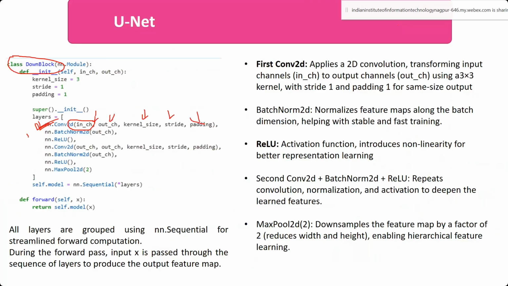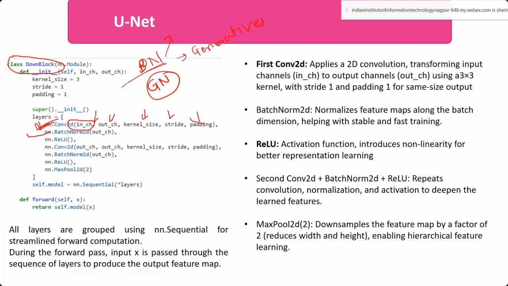After convolution, you are defining batch normalization. So what is batch normalization? We'll see that, because in DDPM people were using batch normalization, but there is a problem with batch normalization while generating images. That's why people came up with group normalization.